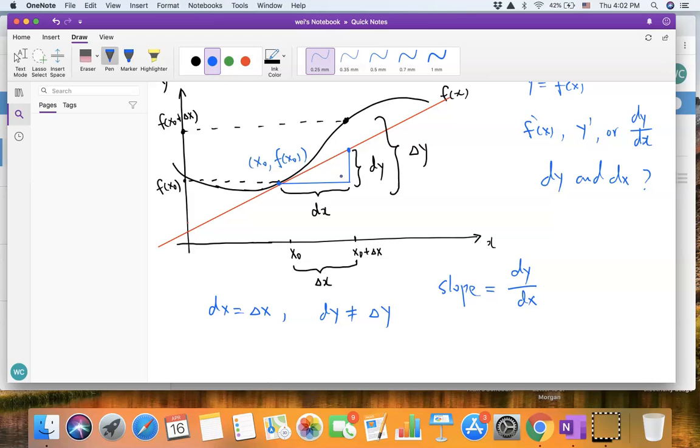And in calculus, we said the slope of this tangent line can also be given by the derivative at this point x0.